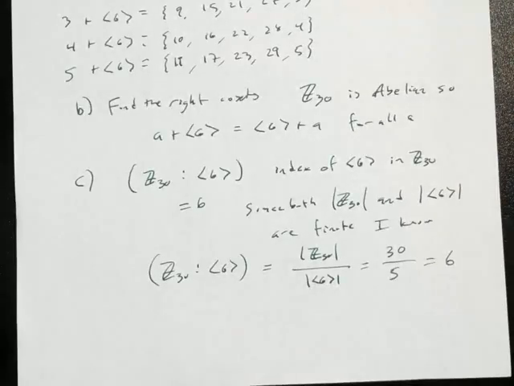And in a finite group, the index of the subgroup is the order of the group divided by the order of the subgroup. And we counted the number of things that were in the subgroup generated by 6: 0, 6, 12, 18, 24. There were only 5 of those. There we go.